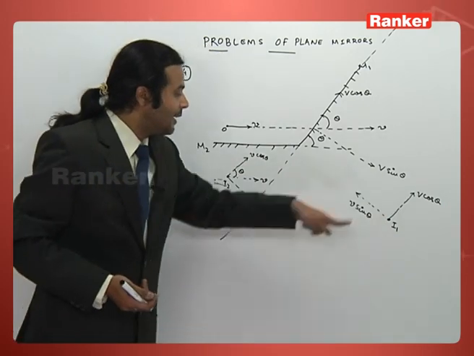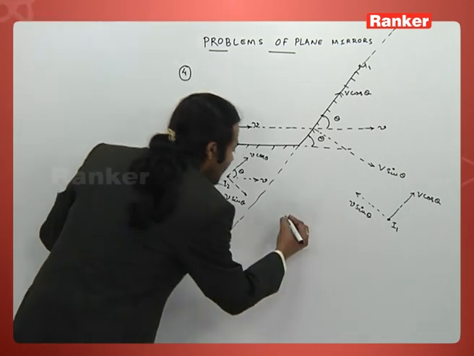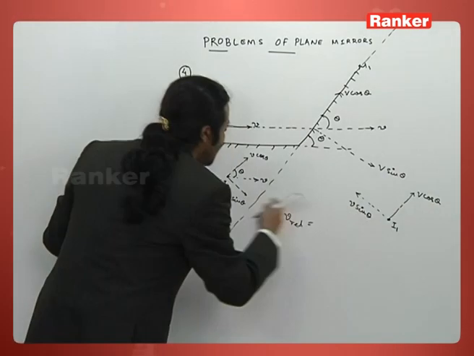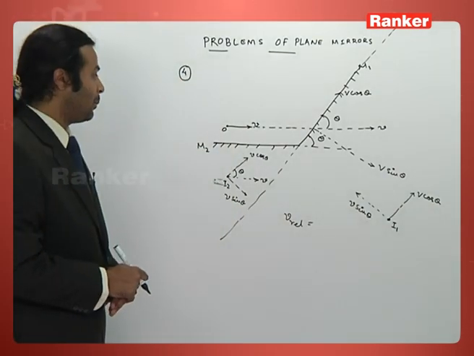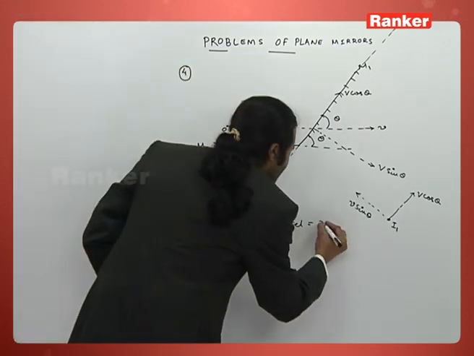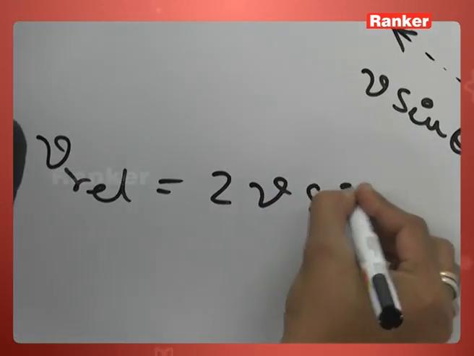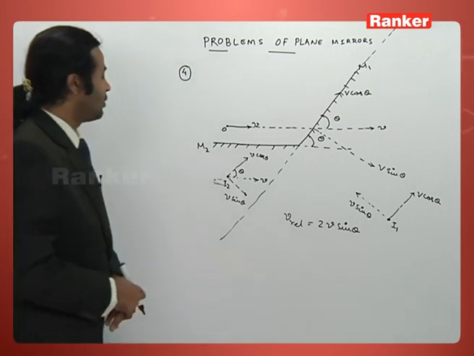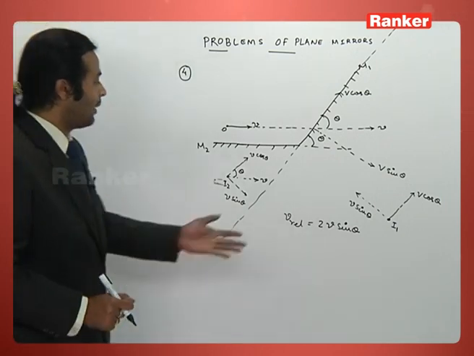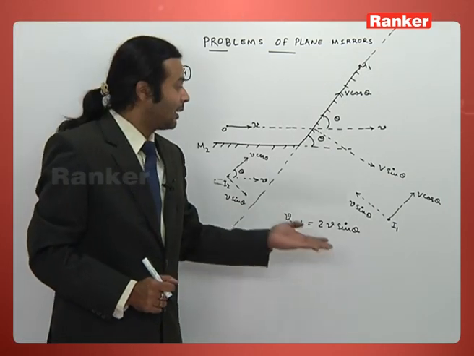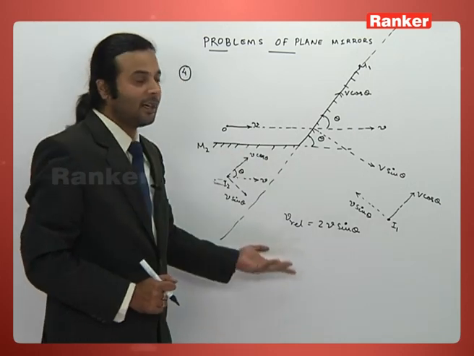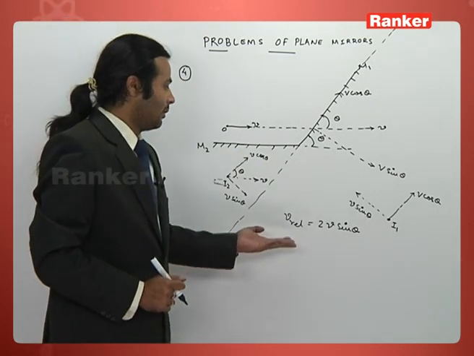This v sin theta and v sin theta, for relative velocity, so I write v relative. This v sin theta and v sin theta are in opposite directions, so obviously it will be 2v sin theta. So this becomes very simple to solve. V relative becomes 2v sin theta without using any mathematical ways of solving the problem.